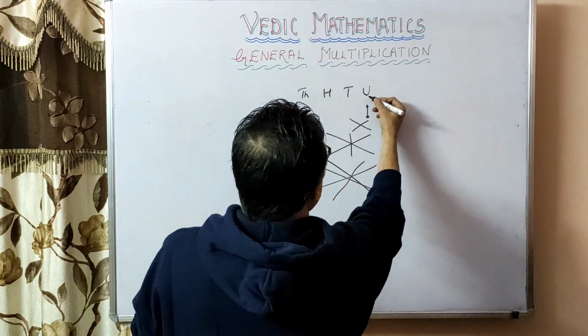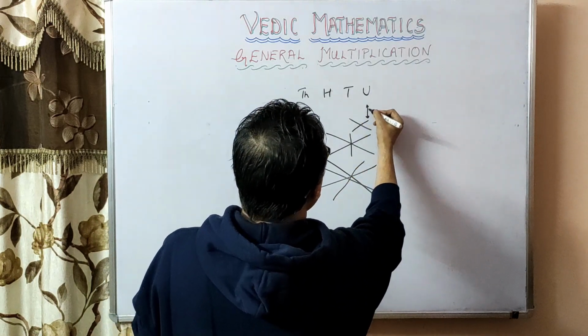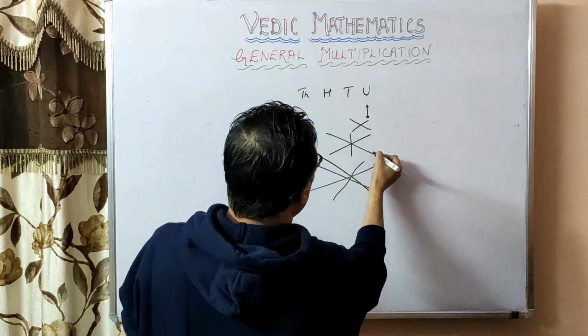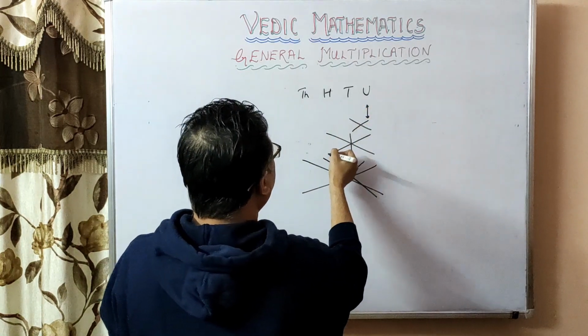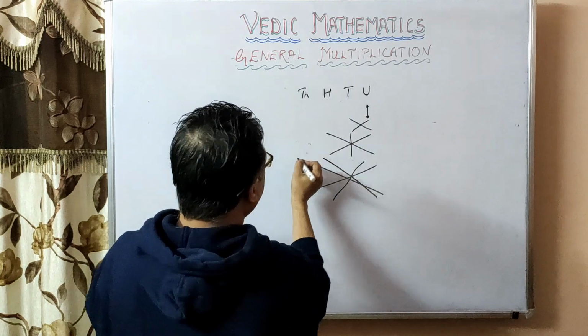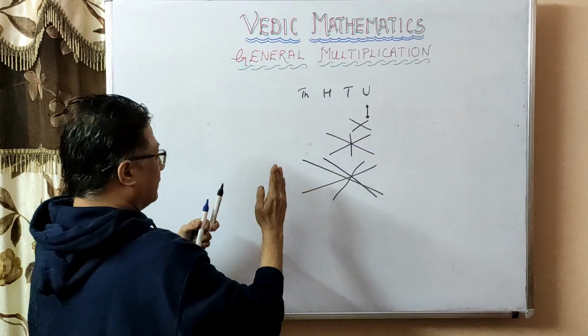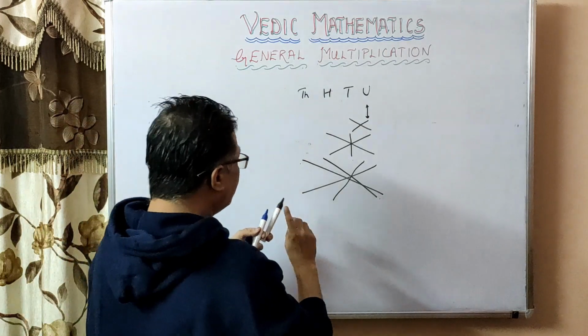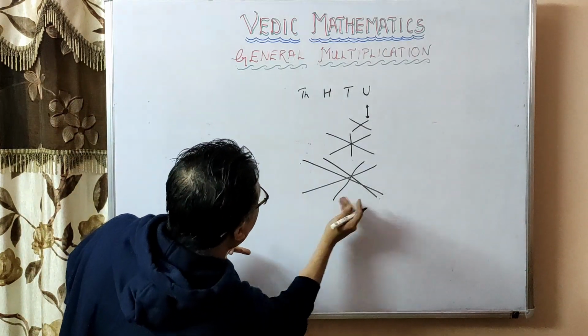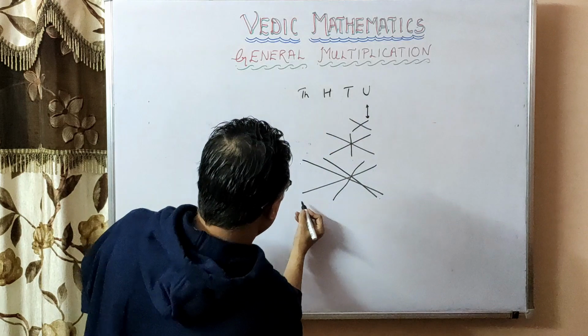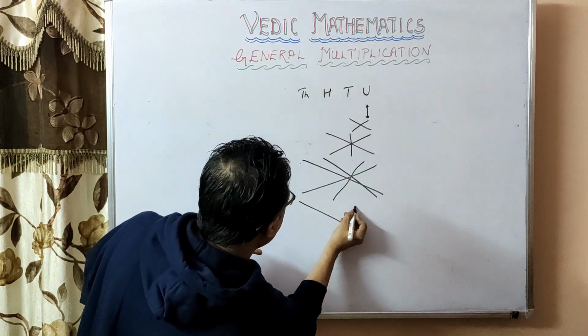This is unit to unit, then tens and unit, units and tens, then 100 with units, units with hundreds, tens with tens, then thousands with units. So we have to just connect the dots. Then we will leave this and then we'll go like this.